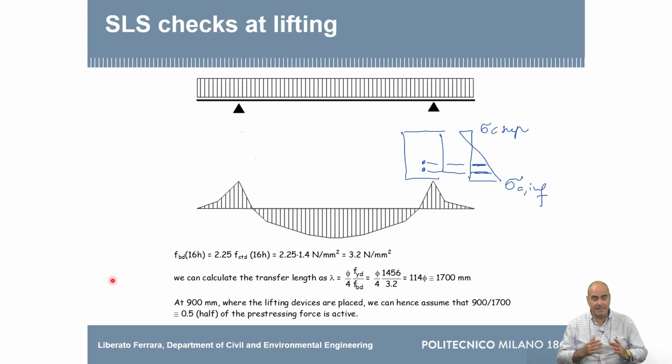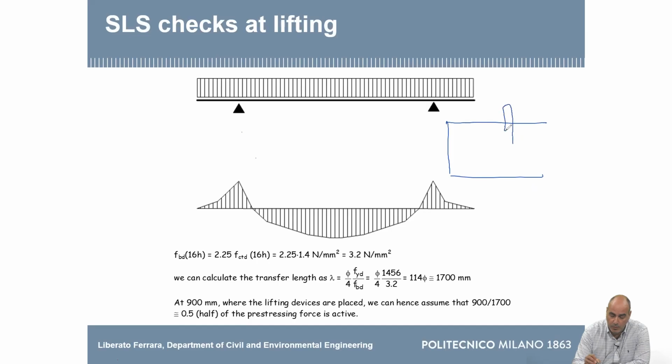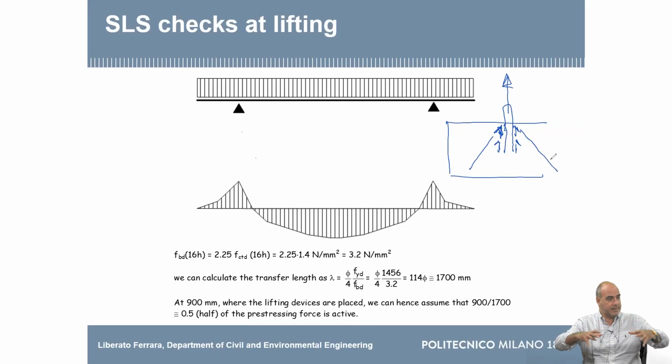First of all, as I said yesterday, imagine that you have to lift your element and you have your lifting hook like this. Here there are stresses that act along that hook and are distributed by bond, but they are distributed in this way. So you have that they progressively involve concrete.